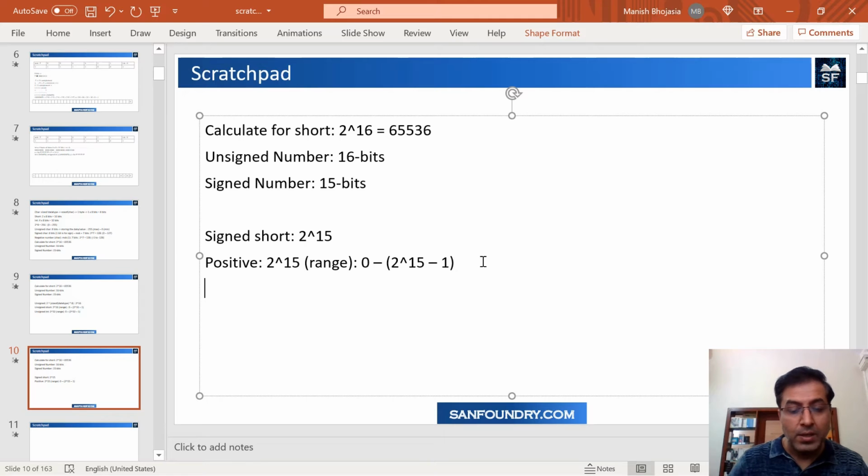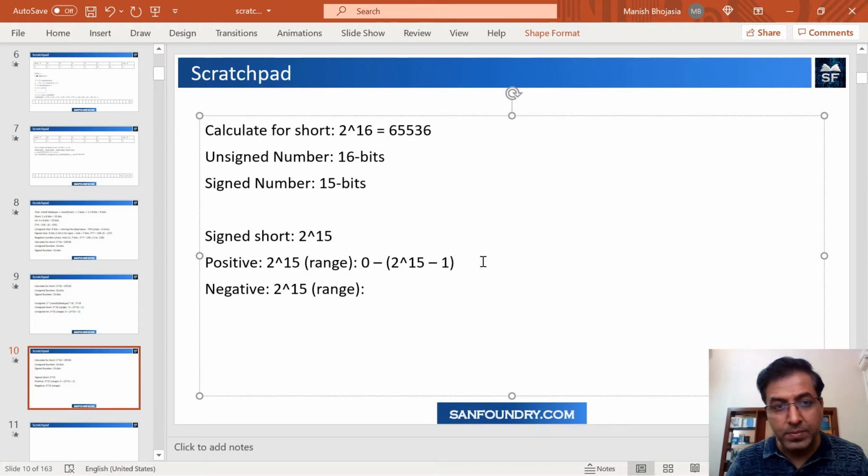What about negative now? When you talk about negative numbers, we have to remember that we are going in the negative direction. The range is still going to be the same because we know there is a sign bit. What would the range be here?